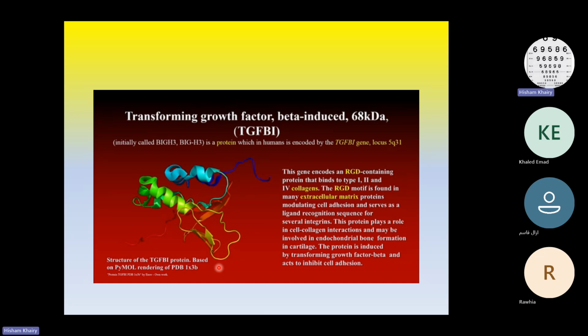It binds to type 1, 2 and 4 collagen, and it is found in extracellular matrix and serves as the adhesion protein with a ligand recognition sequence for several integrins and plays a role in cell-collagen interactions.